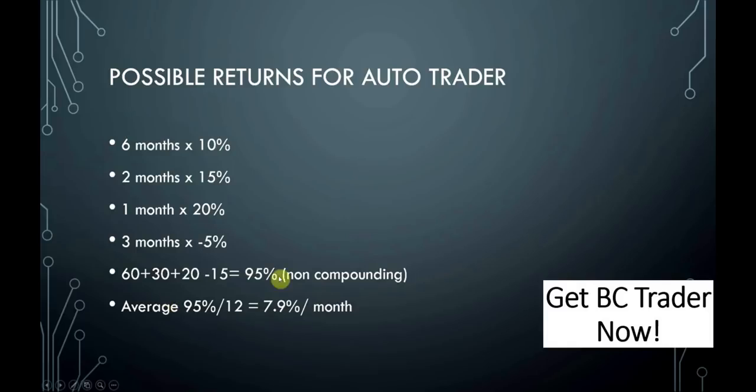Okay, so you make about 95% a year, which is amazing actually. And on average, that's about 7.9% a month. Okay, this is how much you would make on my very conservative estimation of you losing money. It's only 10% most of the time, and only 1 month it actually touched 20%, and it never ever touched 40%, which is something that is done in the past. So I think these are very conservative figures.